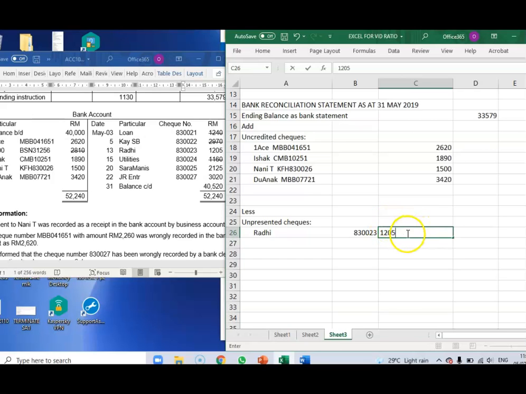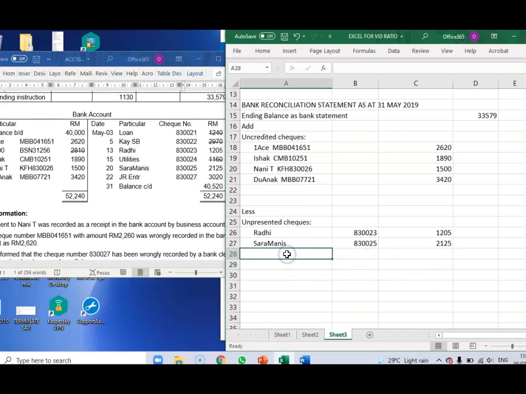Okay, next is the check to Sarah Manis. The check number is 25, and the amount is 2125.